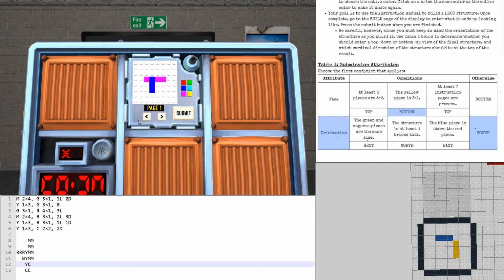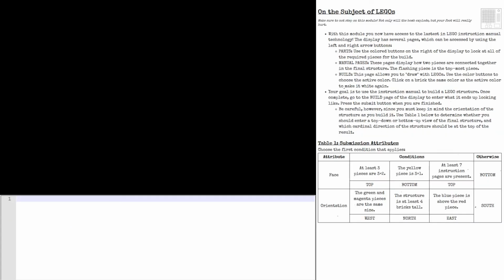I will now blank the screen and read out a module to you in the fashion that I recommended. Here we go. On the first page, we have red 3x2, cyan 2x2, 1 down. Second page, cyan 2x2, magenta 2x3, 0.